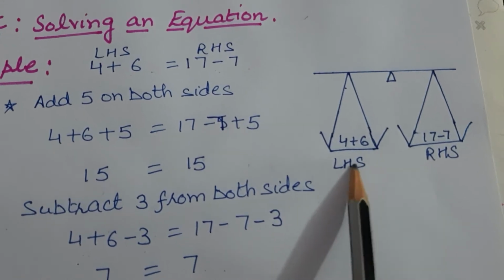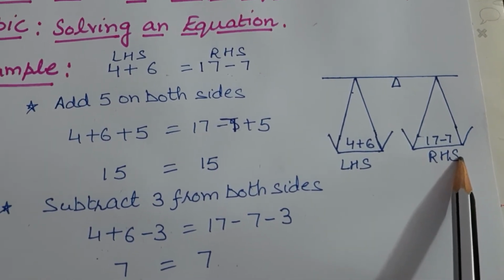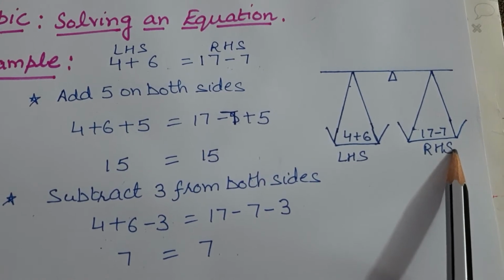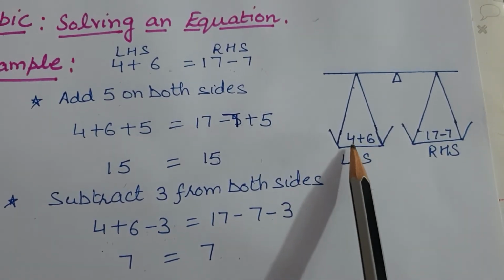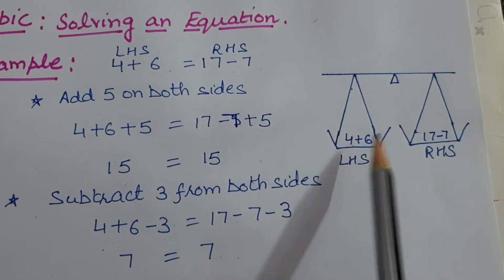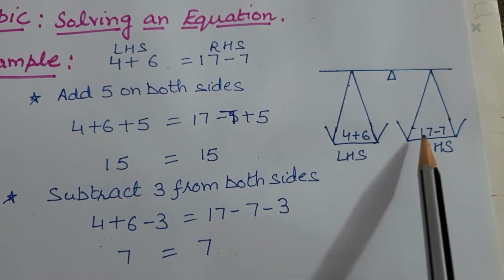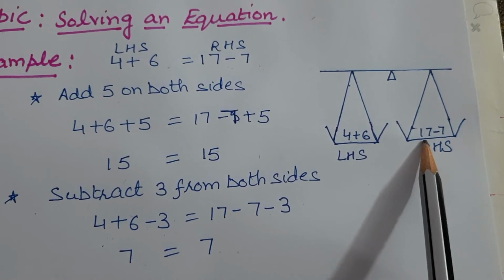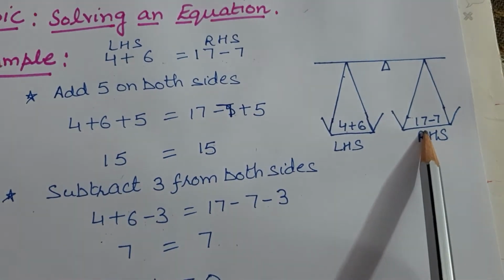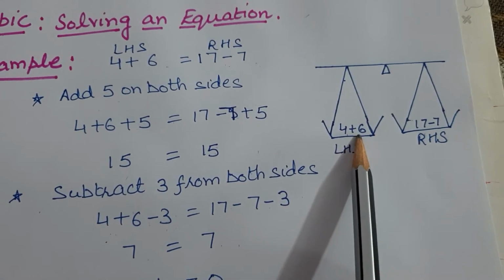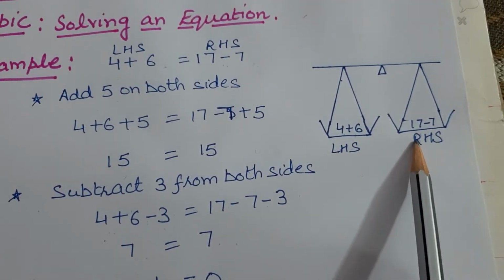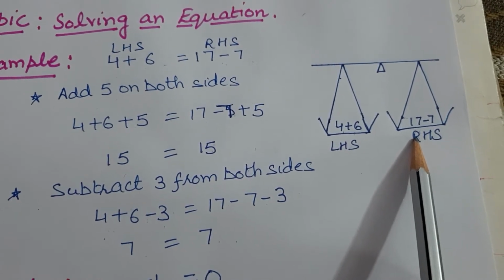You have seen this balance. When do we use this balance? If here 5 kg weight is there and here 5 kg onions are there, and you put more onions on this side, then you have to increase the weight to make them balanced.